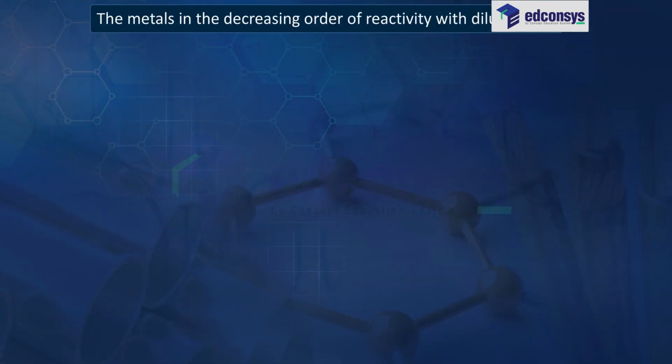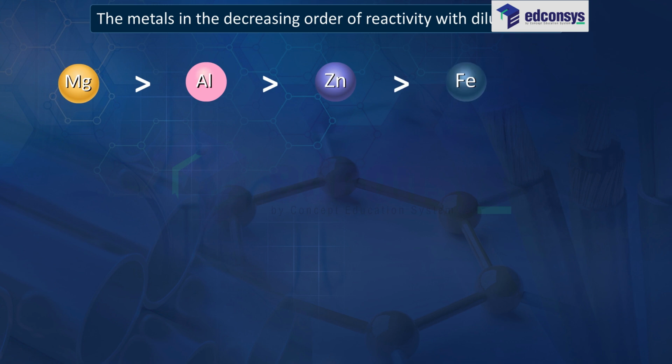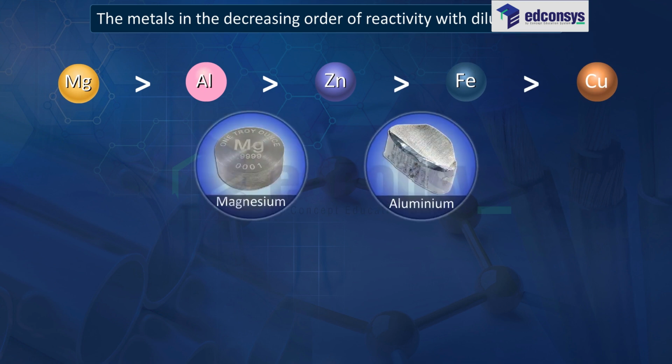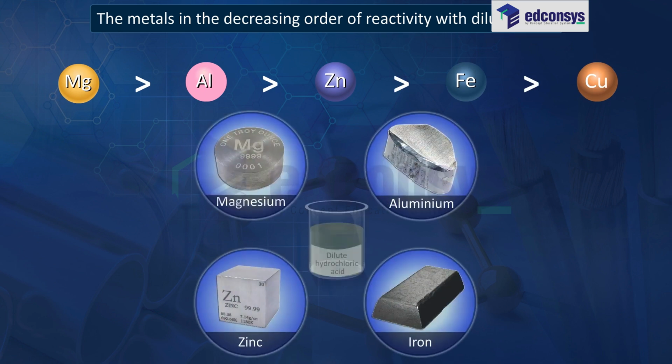The metals in the decreasing order of reactivity with dilute acids: Mg > Al > Zn > Fe > Cu. Equations for the reactions of magnesium, aluminum, zinc and iron with dilute acid.